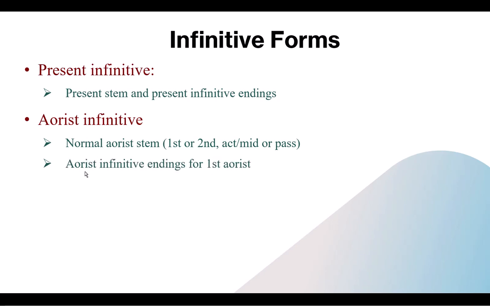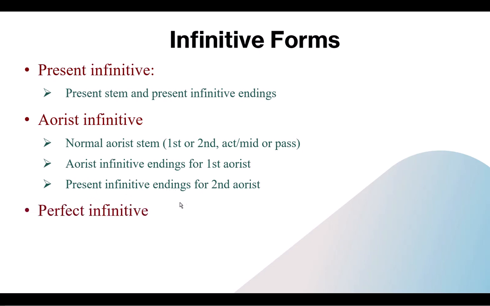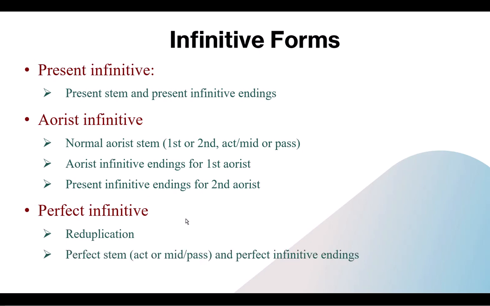The aorist infinitive has aorist infinitive endings for the first aorist, but for the second aorist it has present infinitive endings. The perfect infinitive has reduplication as it does for the perfect indicative, and then it uses the perfect stem, the active or middle passive, and perfect infinitive endings.